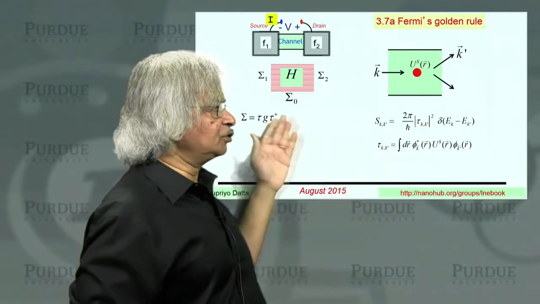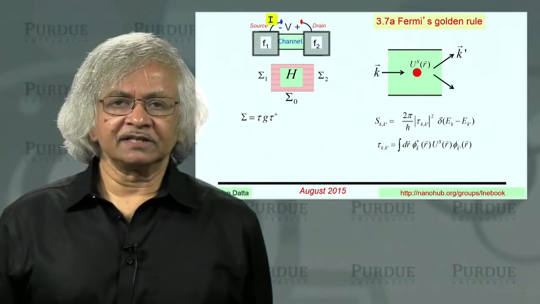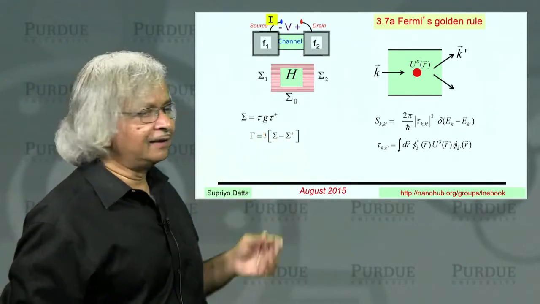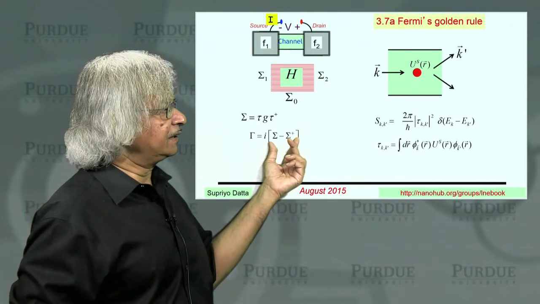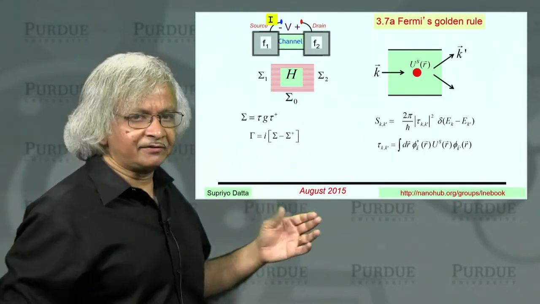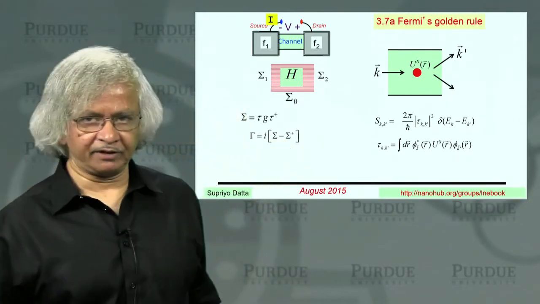Now, what's that got to do with self-energies? Well, one thing we have discussed is the broadening function, gamma, which you could call the imaginary part of the self-energy. In a matrix sense, it's like the anti-Hermitian part of the self-energy matrix.